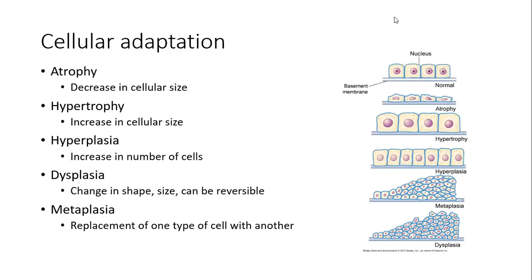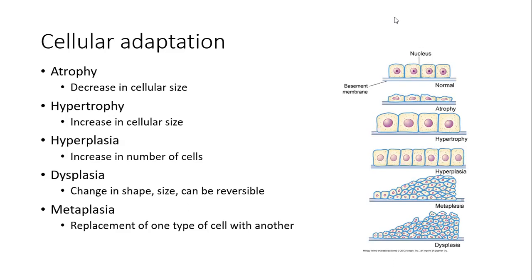So cellular adaptation, the mechanisms as outlined before, are atrophy, which is a decrease in cellular size. So you notice the prefix A, that means not or against, and troph means grow, so it's not growing, it's getting smaller, in other words. Hypertrophy, the prefix is hyper, that means bigger, so more growth.